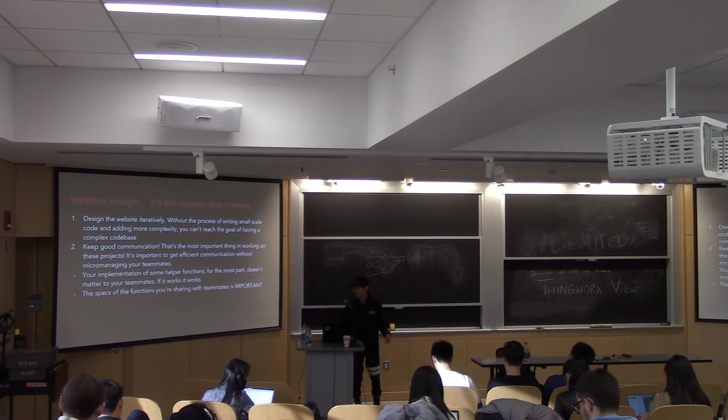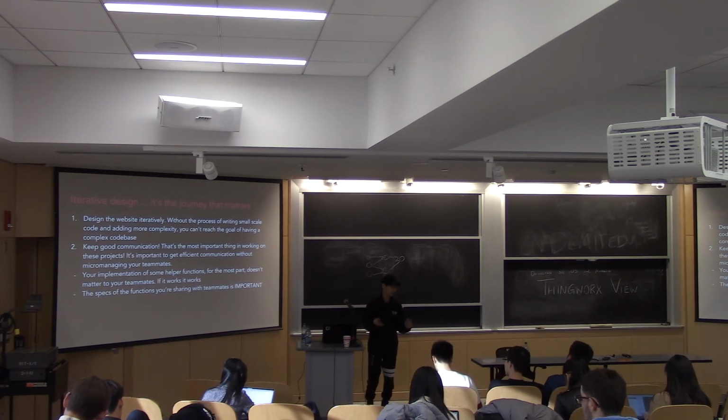If you find that you're changing the spec of a single function way too many times, you probably want to tell your teammate, okay, this is giving me a headache, don't work on this. I'll tell you when I'm done. And then you go through several dozens of iterations. Eventually, finally, you're like, okay, this works. And then you're like, yo, I'm done. Look at this. This is how it works. Now we can resume.